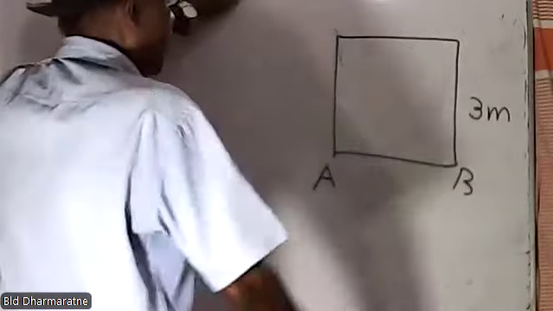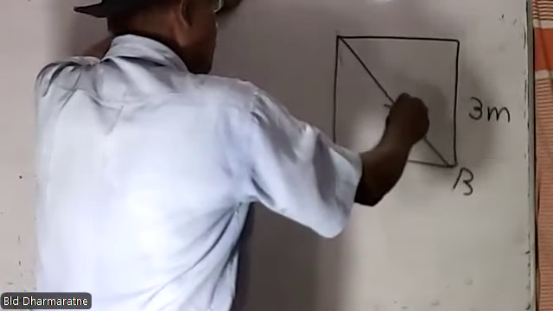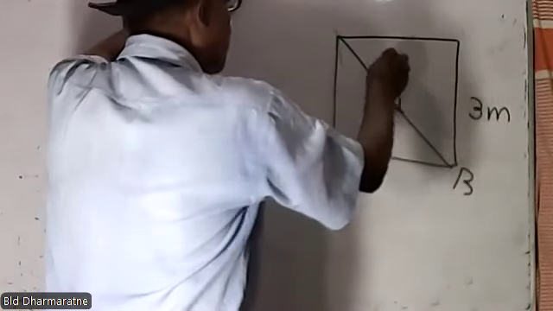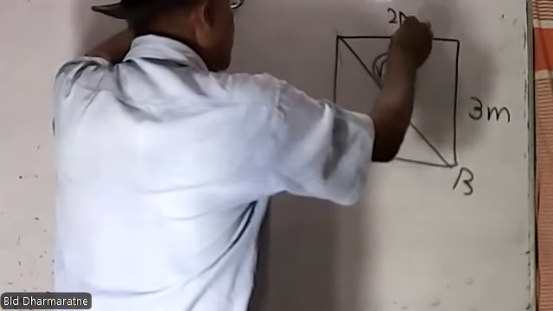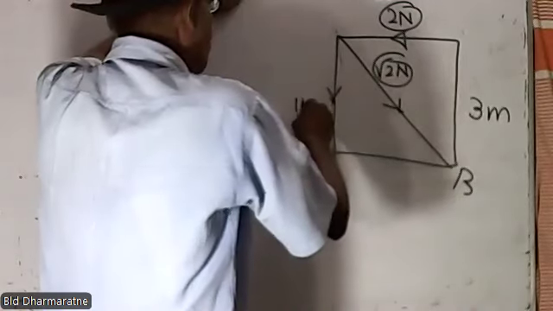Here I have root 2 Newton. Here I have 2 Newton. In this direction I have 1 Newton.